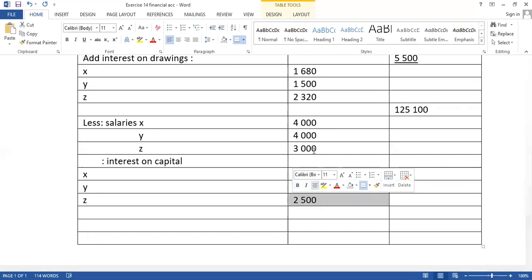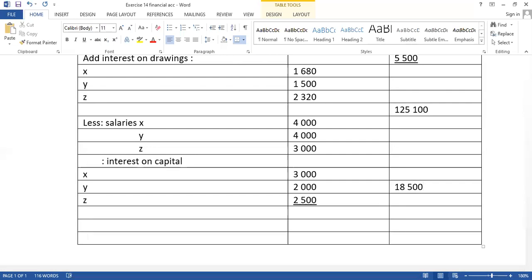Let's add up all this together. Salaries 4,000 plus 4,000 plus 3,000, plus 3,000 plus 2,000 plus 2,500 will give us 18,500.